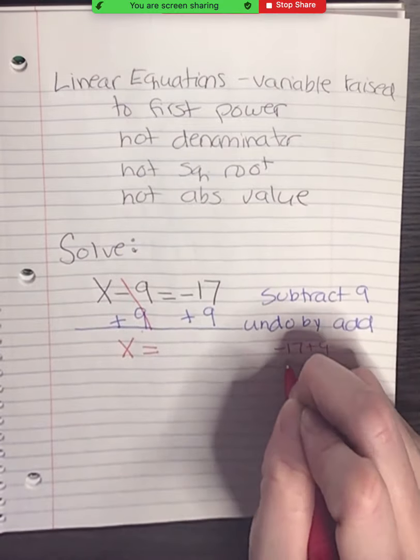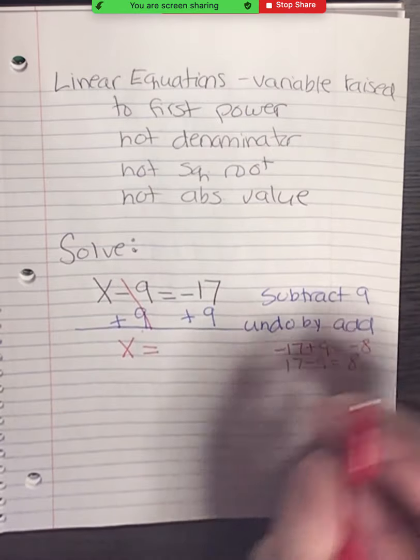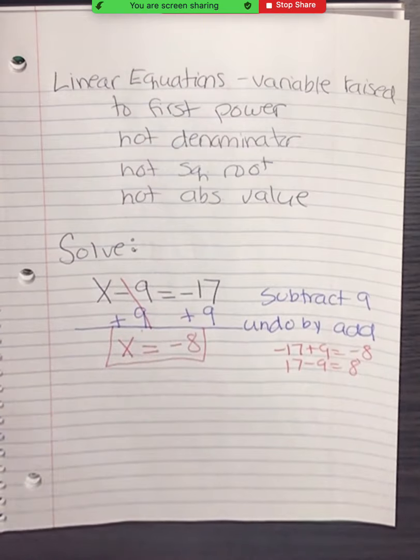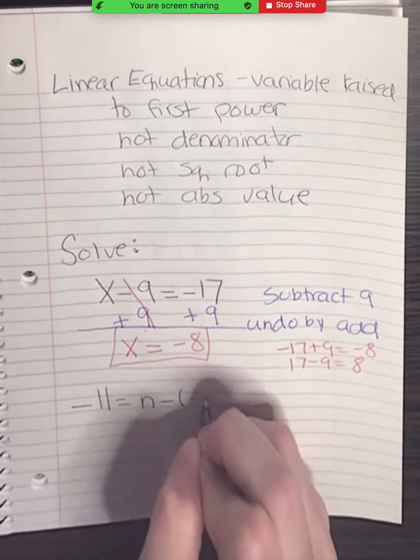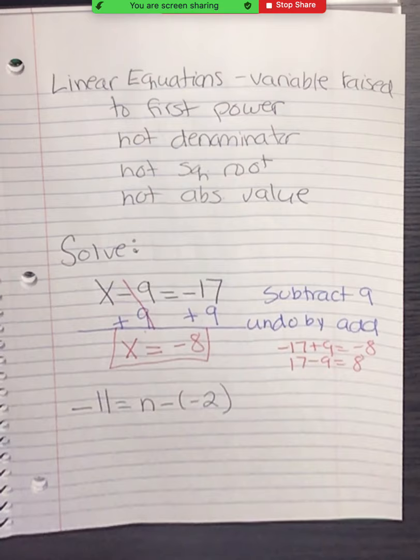The next equation that we're looking at would be negative 11 is equal to n minus negative 2. Right, so one of the things we can do is we can simplify one or both sides. So if I look at the left, I have negative 11. There is nothing I can simplify.